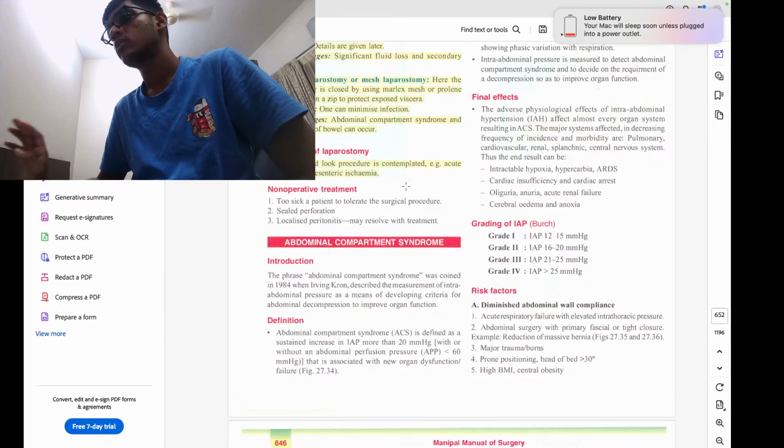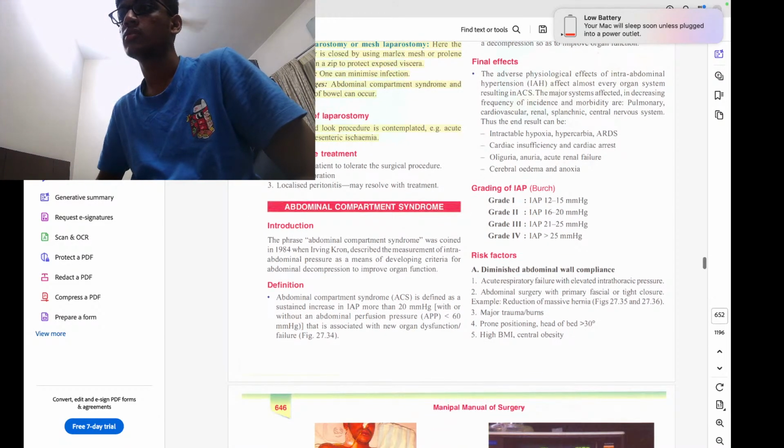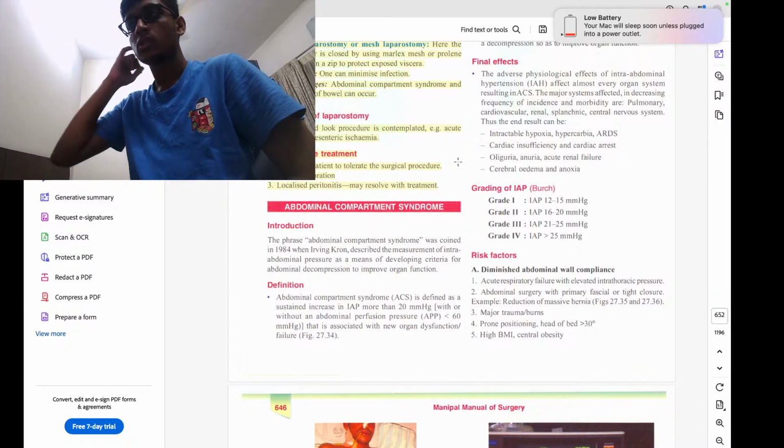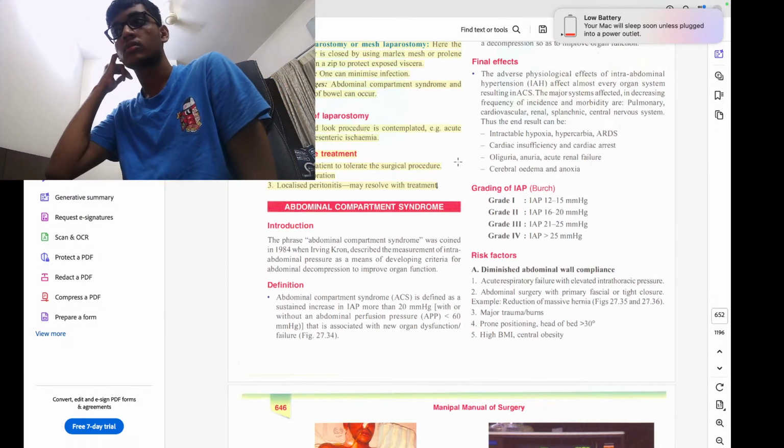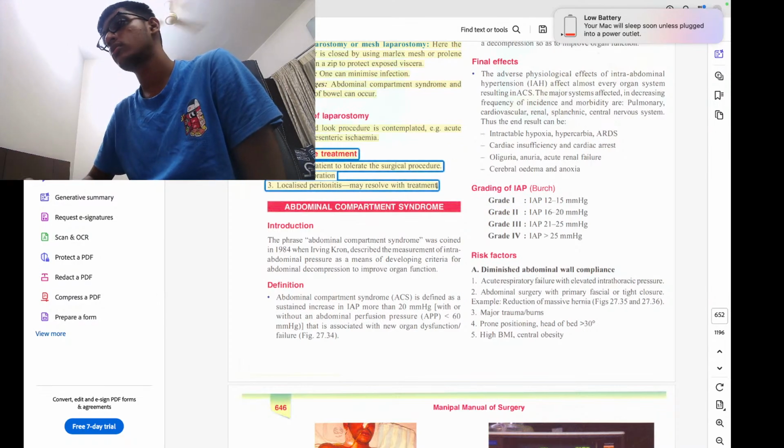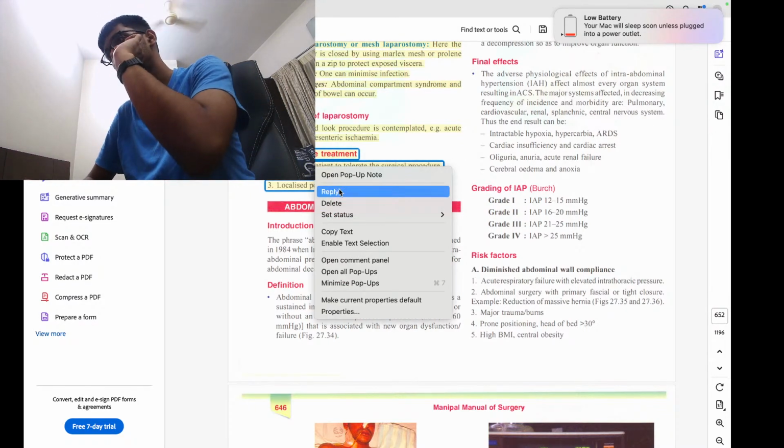Indication for laparostomy is when a second look procedure is contemplated, and non-operative management can be done. Sick patients with shielded perforations may result with treatment.